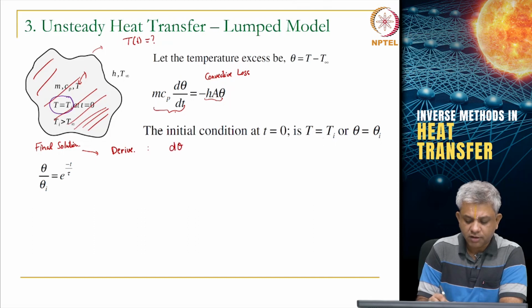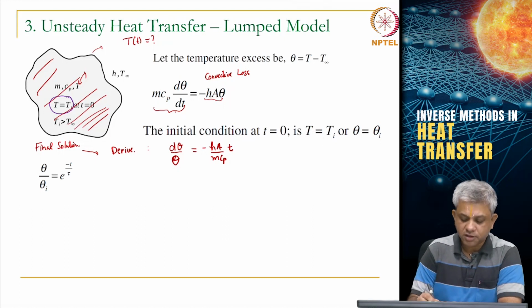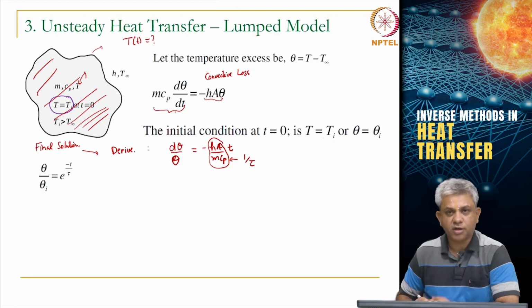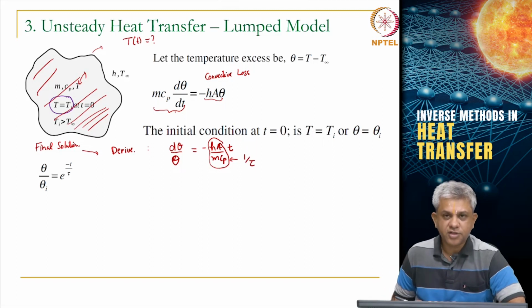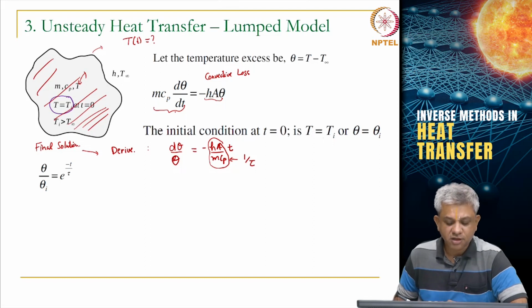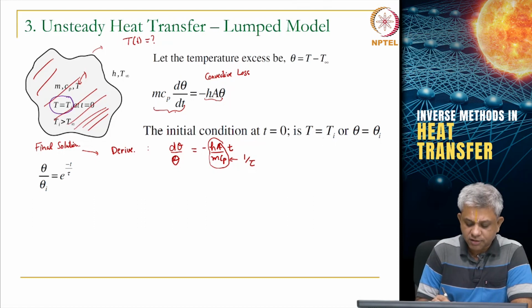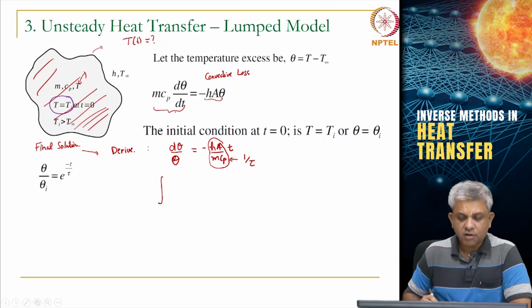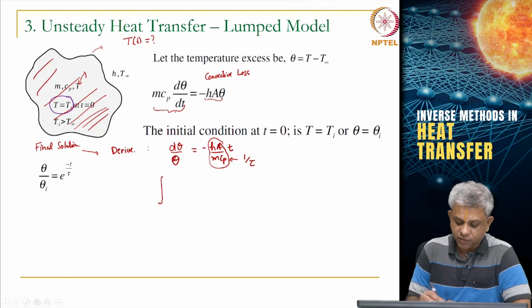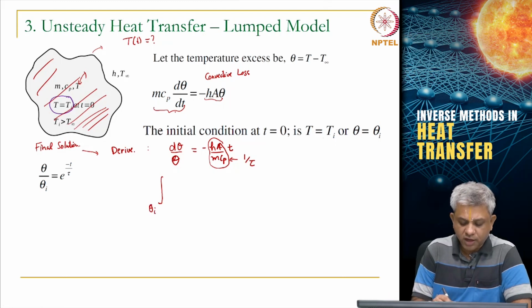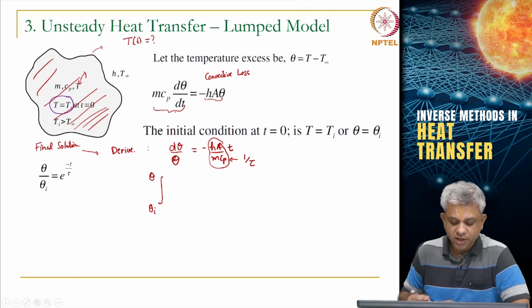You say then d theta by theta is equal to minus hA by mCp times dt. Let us call this parameter 1 by tau, the time constant. I will not get into the physical significance of this. You should have seen this in a heat transfer class anyway. Now we integrate this from the initial condition, which was theta i, to the current condition where the temperature is theta.